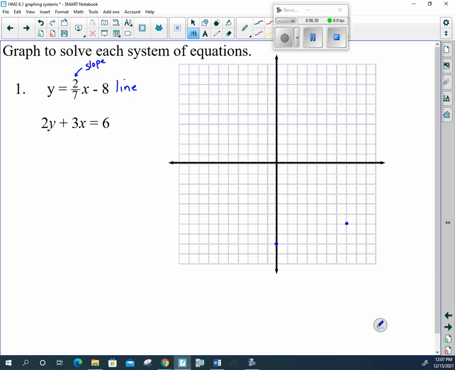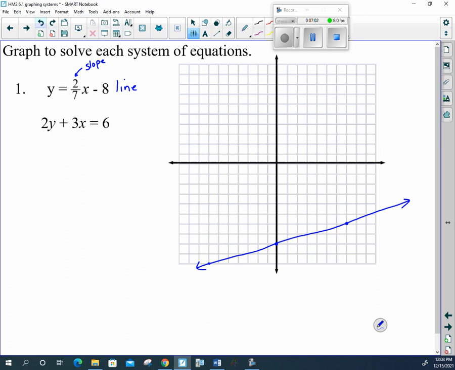So now I'm going to go in the reverse direction. I'm going to go down 2 and left 7. Okay. And then I'm going to just sketch that line in. Oops. I'll try it again, see if I can get all 3 points. Okay. So there's our line.